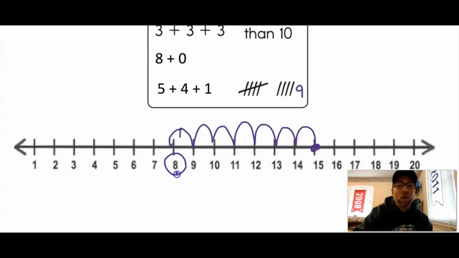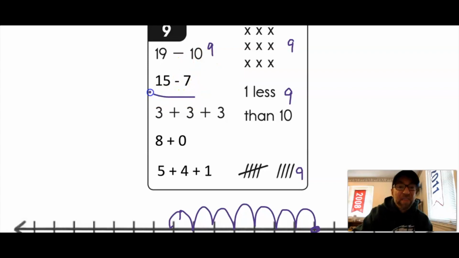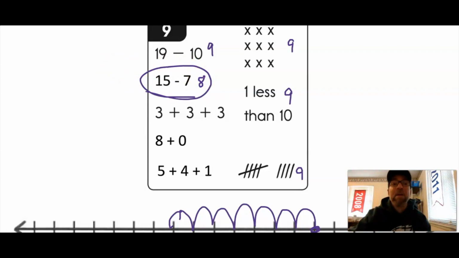I landed on 8. I found one that does not belong. 15 minus 7 equals 8. That's not a name for 9. Let's take a look at the next one.